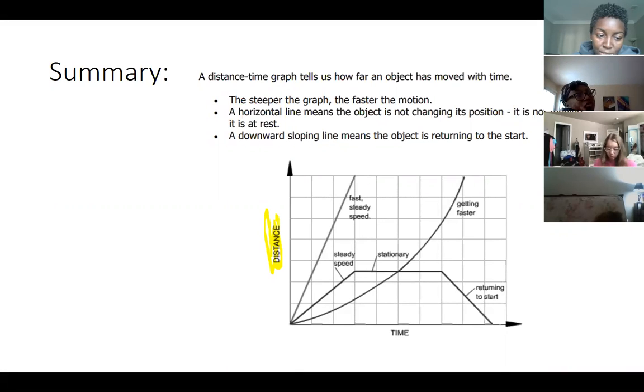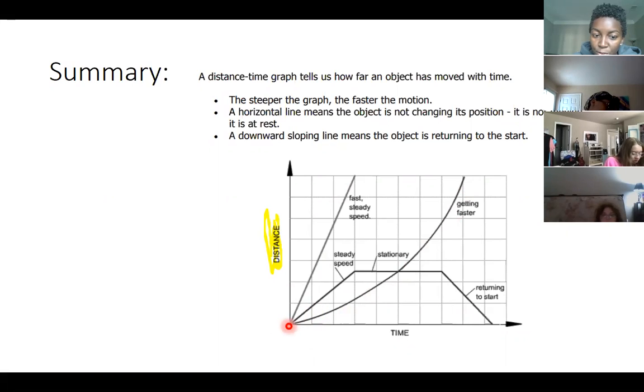If you see time and then over here you see velocity, where I highlighted yellow, then we'll be talking about acceleration. But remember, if the line is pretty straight, like this one, it's a constant speed, versus this one, which is kind of curving. So this one is accelerating, okay? So it's getting faster and faster.